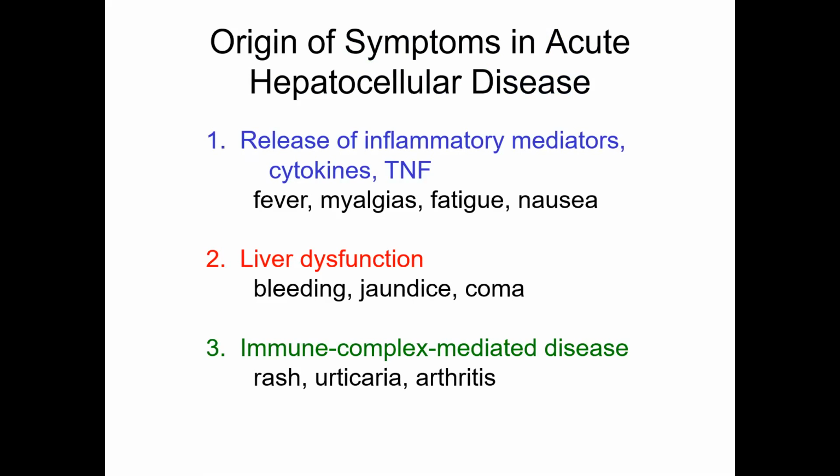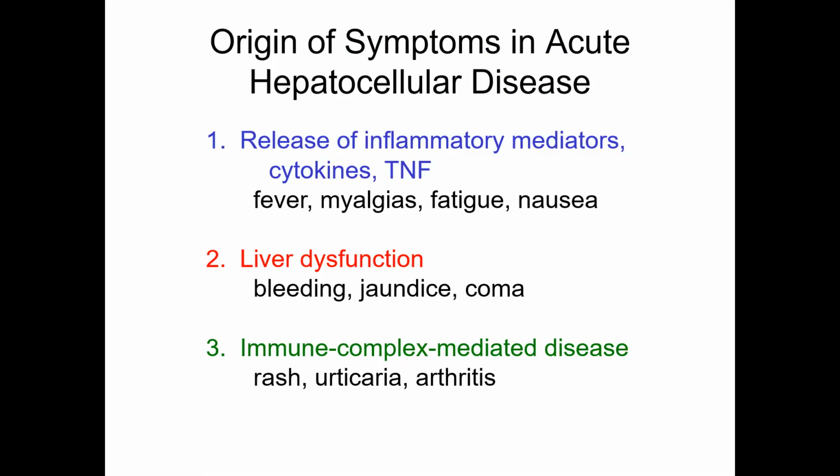So the symptoms associated with acute hepatitis are due to the release of inflammatory mediators, particularly your cytokines, your tumor necrosis factor, and this can lead to the presence of fever, myalgias, fatigue, and nausea. So take a look at this pathophysiology of the release of mediators of inflammation in the liver in your pathology textbooks.